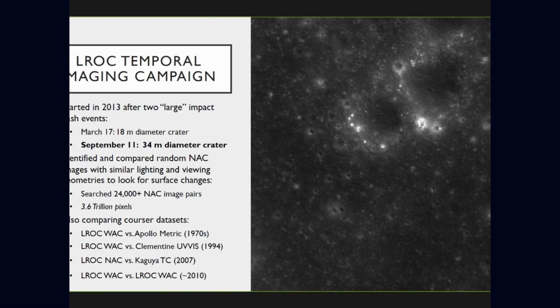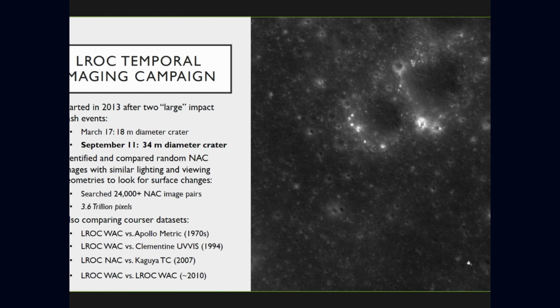And so this started an effort to start scanning systematically through the entire data set, looking for images with similar lighting and viewing geometries. And so, so far we've searched through 24,000 NAC temporal pairs, which correlates to about 3.6 trillion pixels. These are pretty large images that we're scanning through.